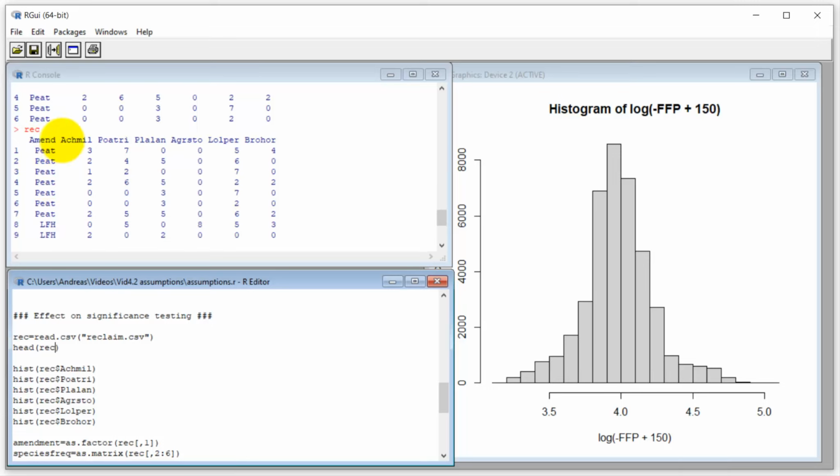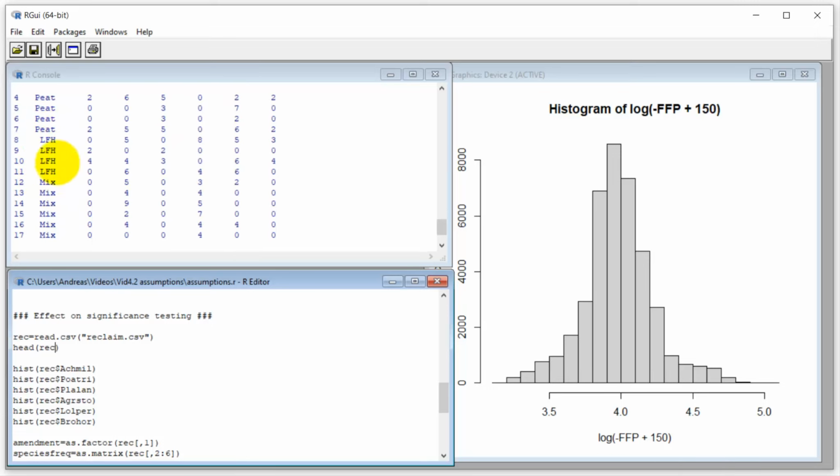So we have experimental plots where we put peat or some topsoil that has been saved, or a mix of both. And so then we have a species count here as response variable, and we have a multiple response variable, and we are wondering where we have the best species response overall, where we may have the highest diversity or the highest number of species that pop up. So these are simply species counts in my different plots. So these are all repetitions of my experimental plots.